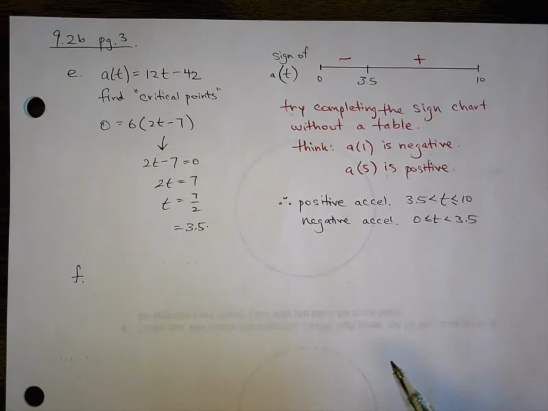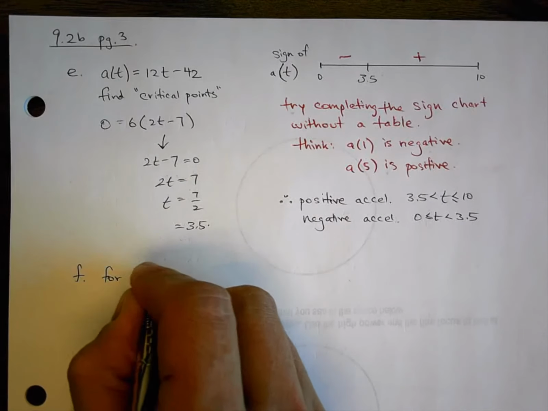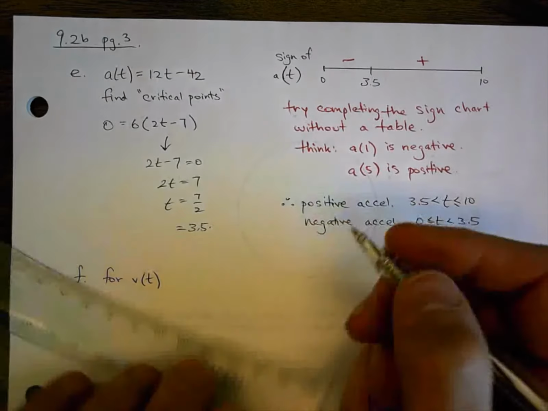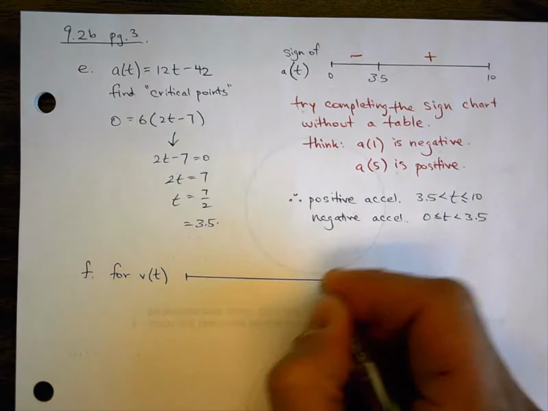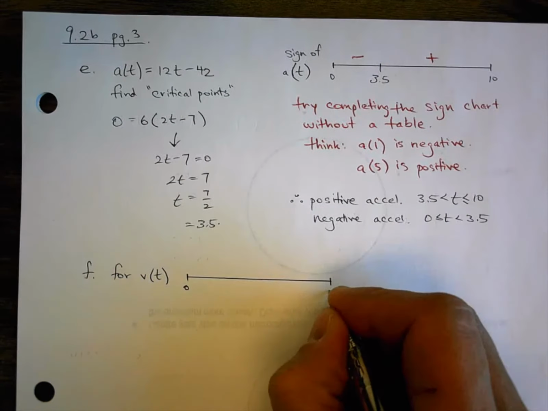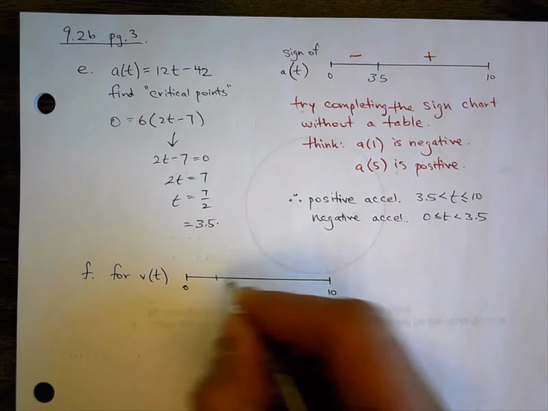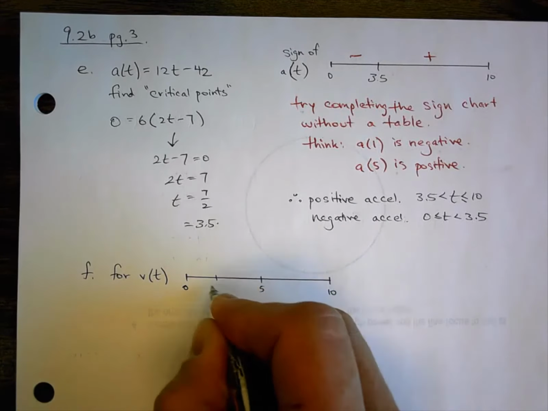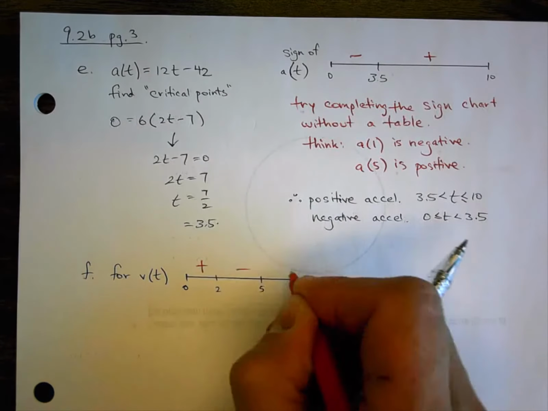Remember, speeding up or slowing down, you need to know both V of t and A of t. So what I'm going to do is redraw the two sign diagrams here, and if I draw them so they line up, I can compare them directly. Here's V of t. I had 2, 5, and it was plus minus plus.